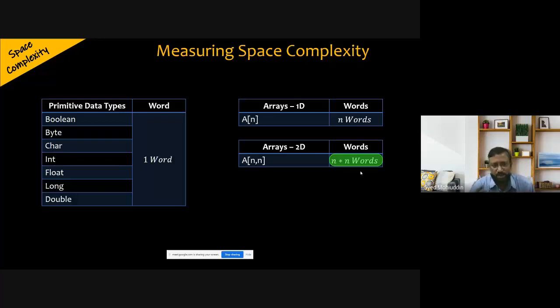So we assume that variables of primitive type take 1 word. An array will take n words, the number of elements. An array of 2 dimensions, that is a matrix, will take n into n words. This is the amount of memory occupied.